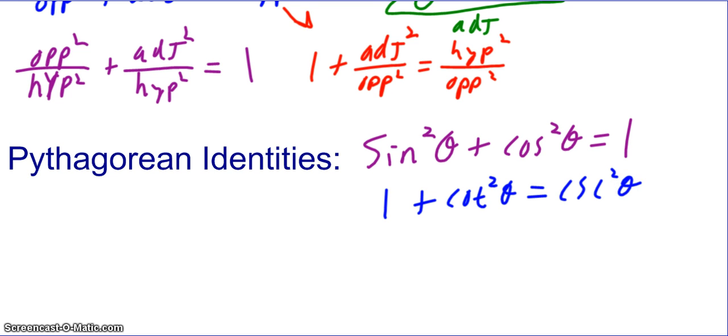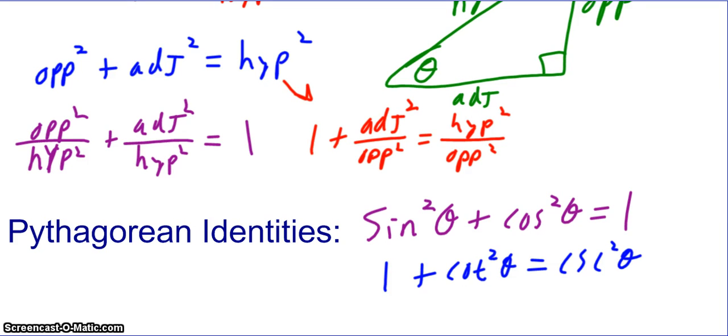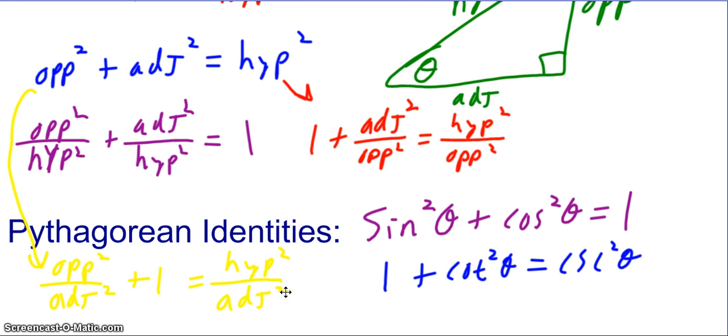Okay, well now the third Pythagorean identity comes from the same idea. Let's go back up here, but now instead of dividing everything by opposite squared, let's divide everything by adjacent squared. Then I'm going to end up with opposite squared over adjacent squared plus 1 equals hypotenuse squared over adjacent squared. So again, this is the way to think about it in terms of the sides of a triangle.